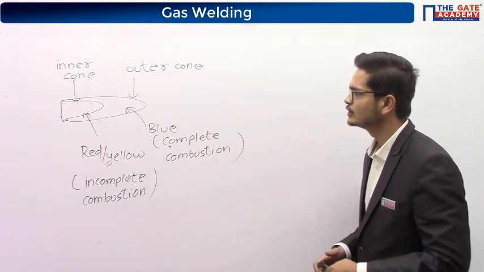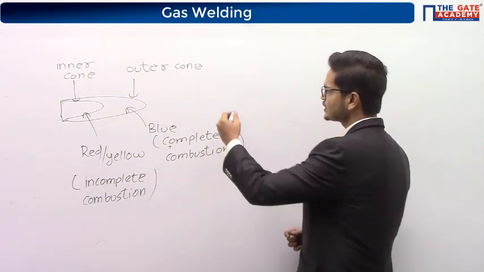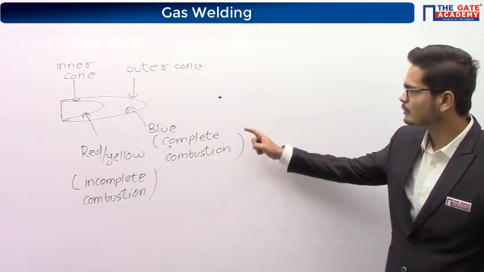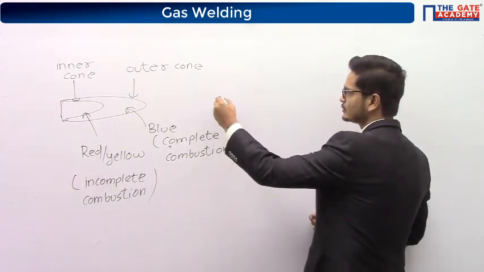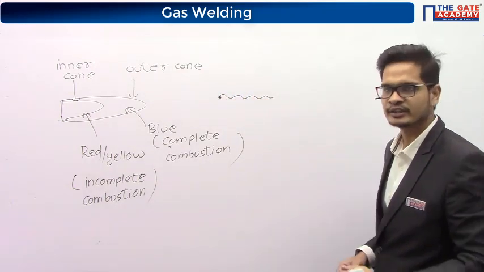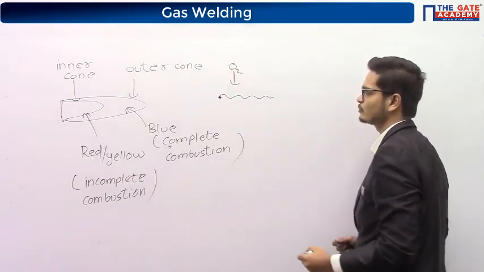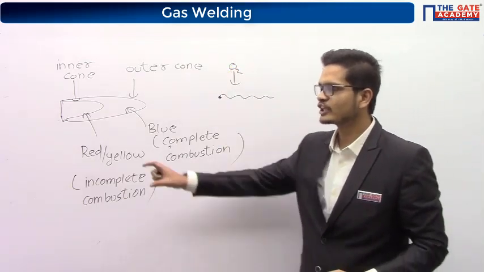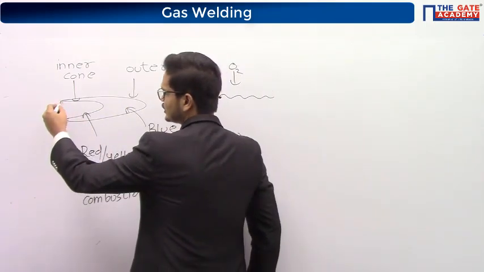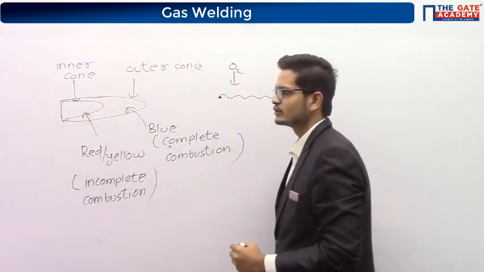That's his doubt. So what happens is, let's say this is a molecule, it is traveling. While it is traveling, it will take oxygen from the atmosphere. That is what is happening inside the flame also. The flame is formed by the flow of the fuel molecule.